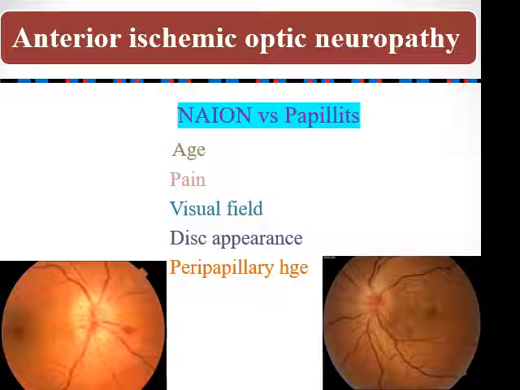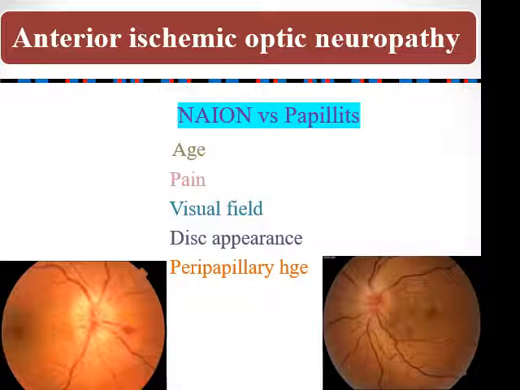Non-arthritic anterior ischemic optic neuropathy is usually seen in patients over 50, while papillitis is usually seen in patients under 40. Non-arthritic anterior ischemic optic neuropathy is painless, but papillitis is associated with pain, especially on movement of the eye.